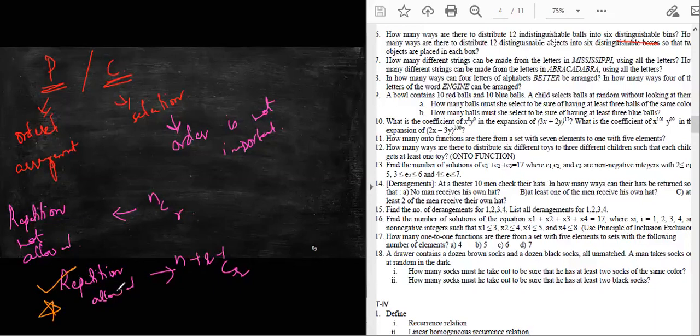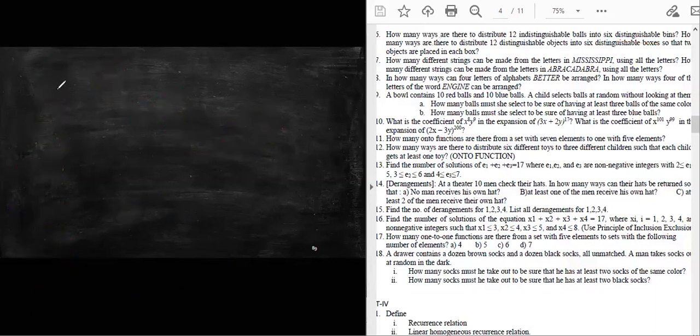So in the problem given, the order of the balls does not matter since the balls are similar, and therefore we need to use the definition of combination, and 12 elements need to be selected from a set of 6, since we select one box for each ball. So basically your n is 6 and r is 12.